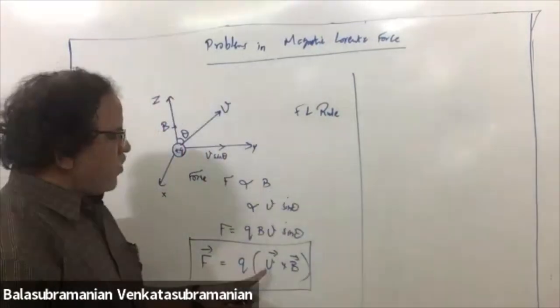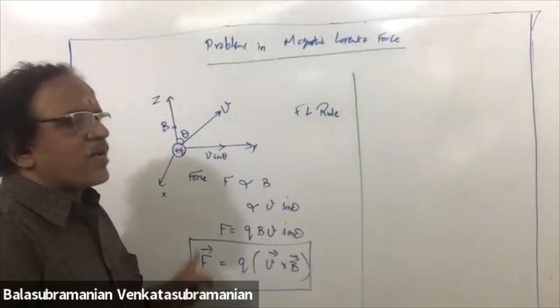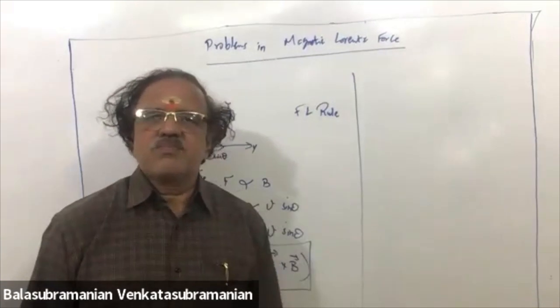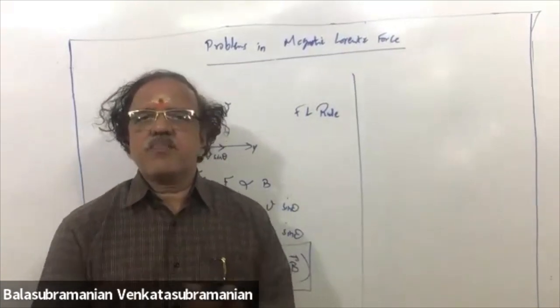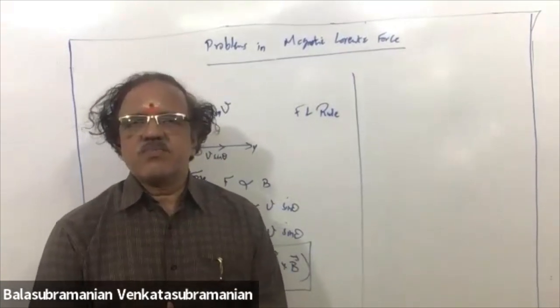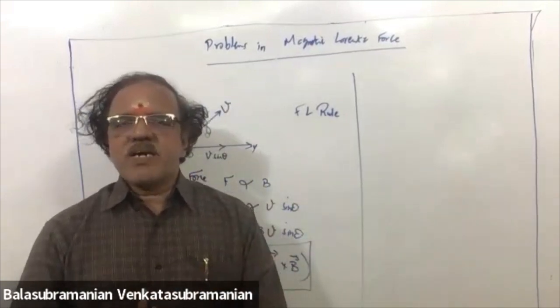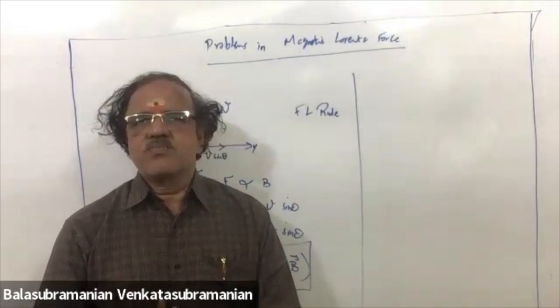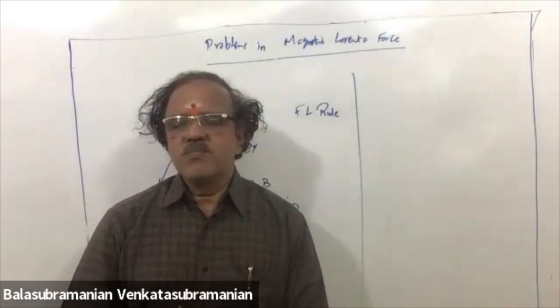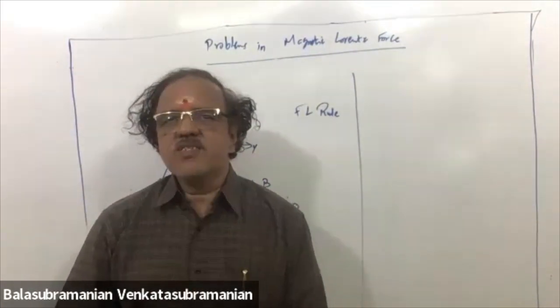So calculate B, calculate F, depending upon the problem we have to solve. Okay, so this is the basic information regarding the magnetic Lorentz force. Next we will see the problems related with this.